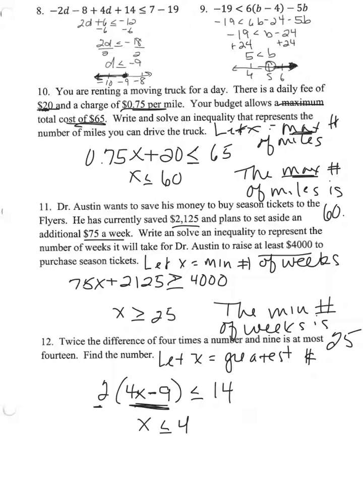So at most, the number is 4. I'm always looking for these inequality words. Okay, minimum, maximum, at most, at least, when you write your let statement and when you write your sentence.